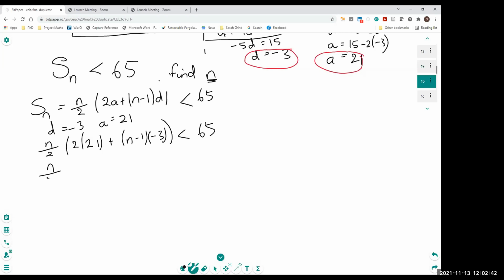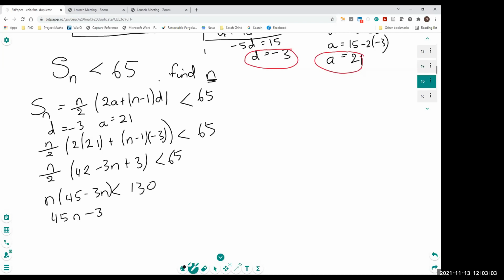Brings us to n over 2 into (42 minus 3n plus 3) less than 65. n into (45 minus 3n) is less than 130. So we have 45n minus 3n squared less than 130.